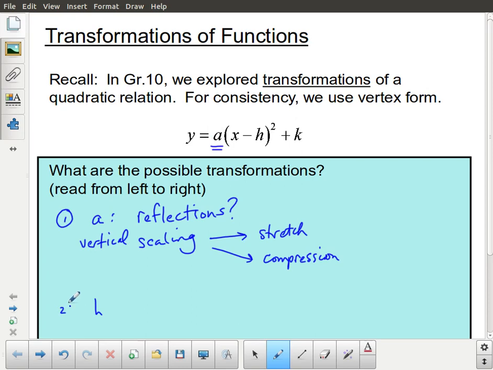Then we get to, so this was our first from left to right. Our second from left to right is the h value. And just as a reminder, that is the x coordinate of the vertex. And what that tells us is the horizontal shift, either left or right.